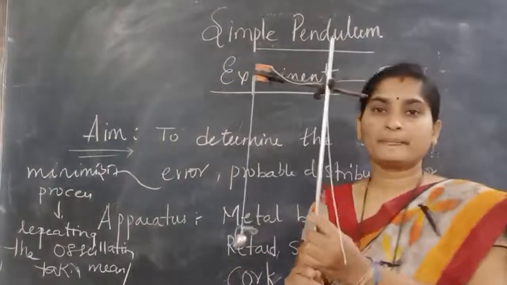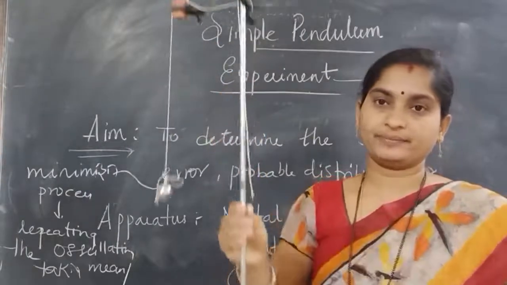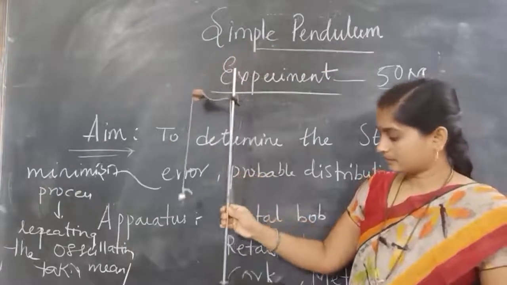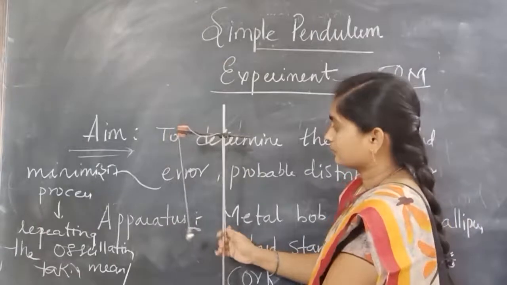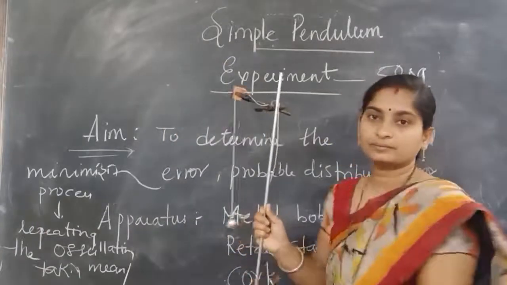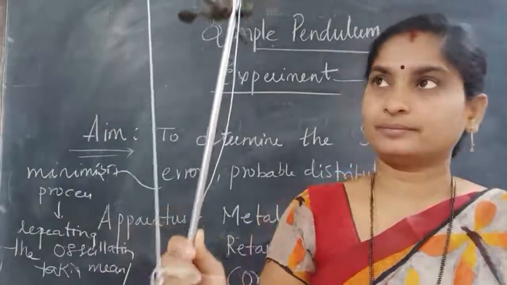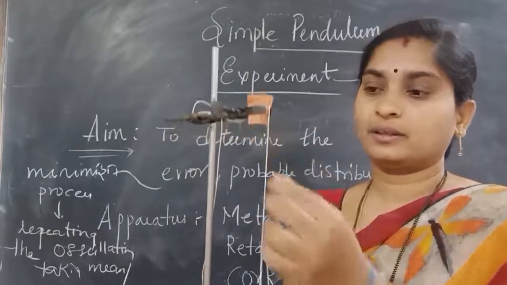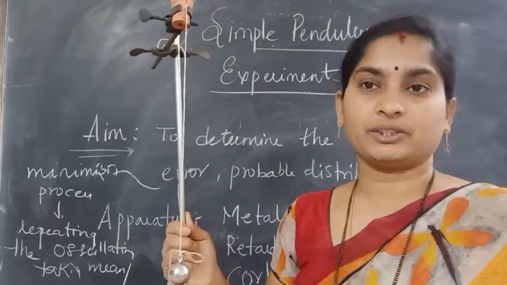See here, this is a stand with base. You can see here, this is a metal bob. This is a cork. And this is the thread which is used for suspension.